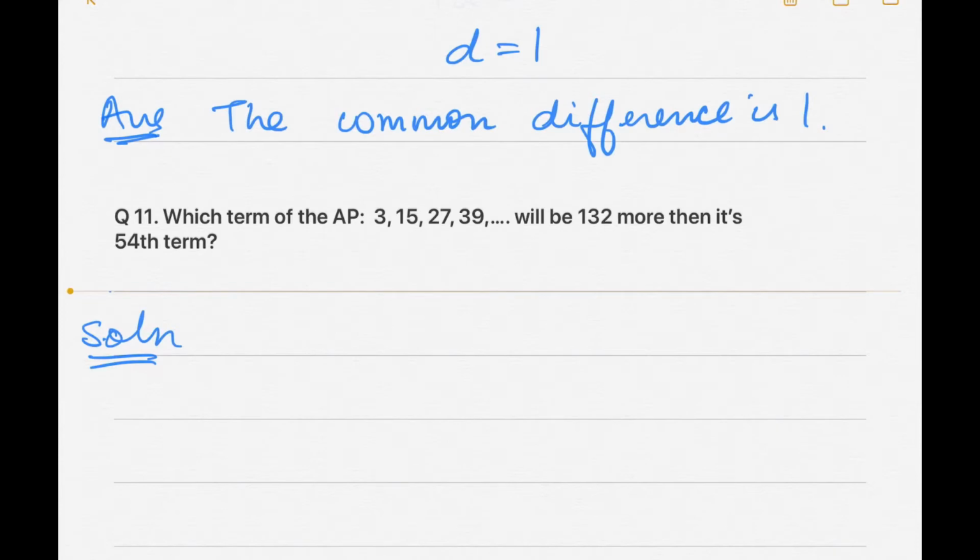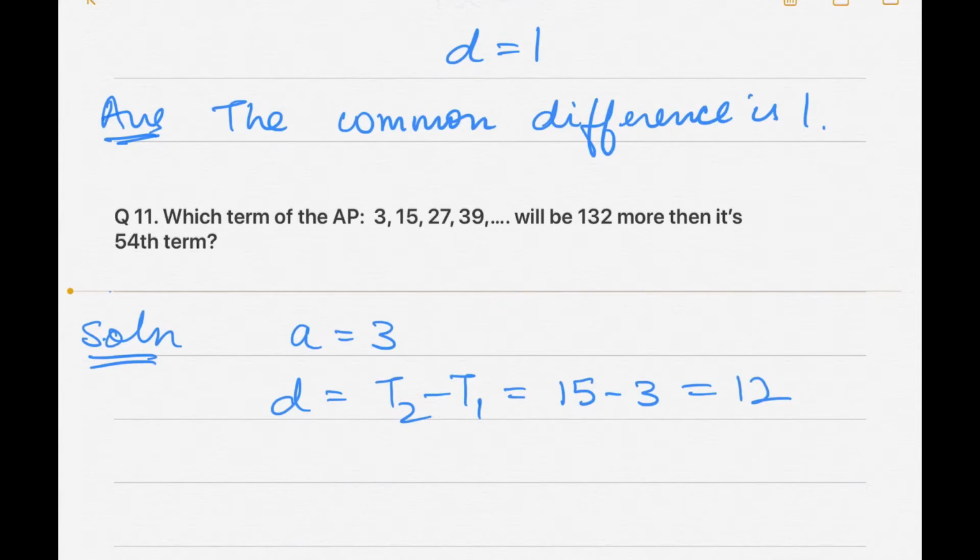So from this AP we know the information a is equal to 3 and d is equal to T2 minus T1. They have already given the AP, so the common difference will be the same, right? All the differences between the terms. So 15 minus 3. So I get 12 as my d, right?